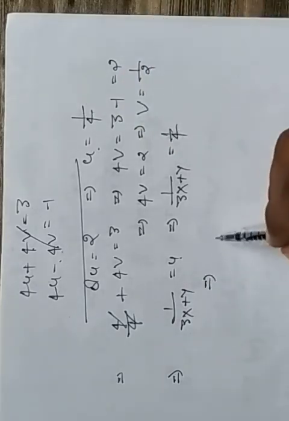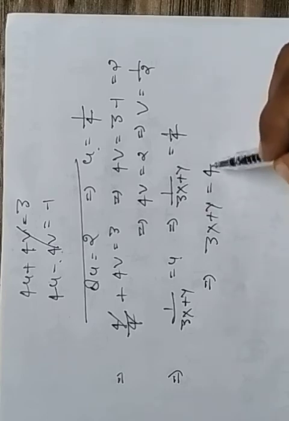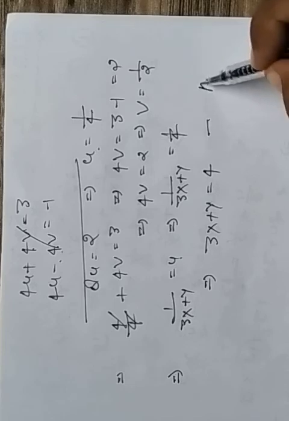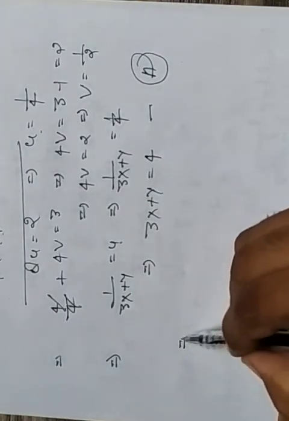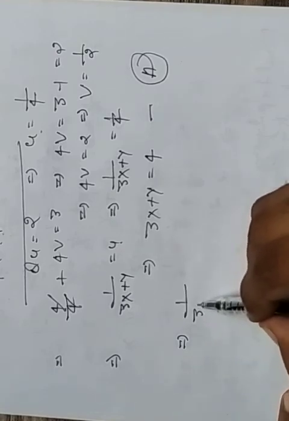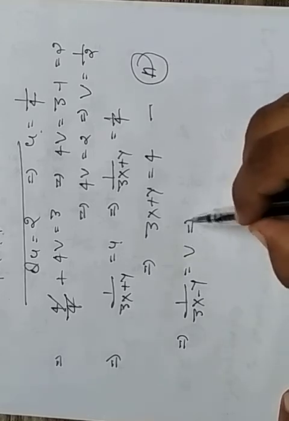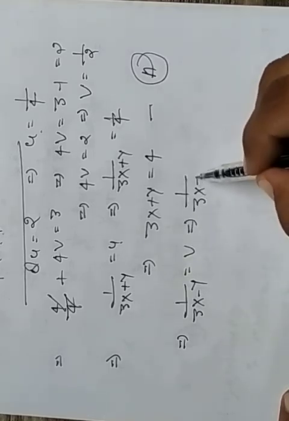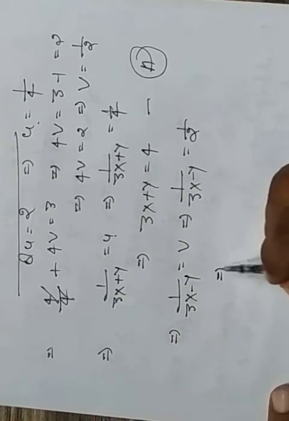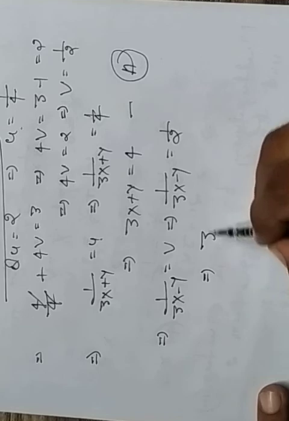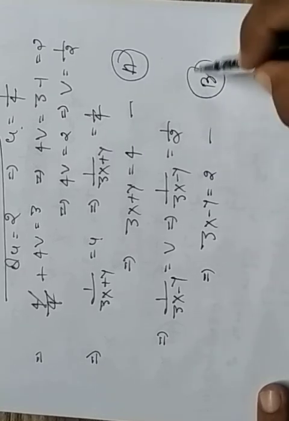The equation is coming 3x plus y is equal to 4. You can consider this as equation A. And second time, when we are comparing 1 upon 3x minus y is equal to v, and we are putting the value of v, 3x minus y is equal to 1 by 2. Then see, we are getting one more equation, 3x minus y is equal to 2, equation number B.